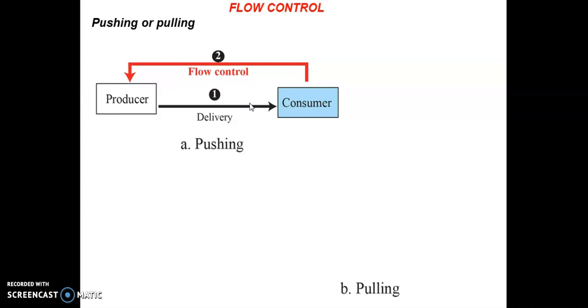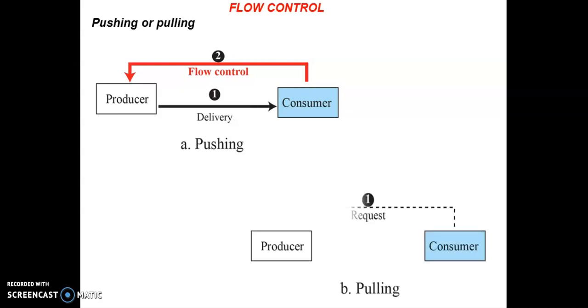Then pulling means a request is sent, so they send the request to stop producing the item. This is called pushing and pulling. When the consumer pulls the items from the producer, it requests them when it's ready. So in this case, there is no need for flow control.